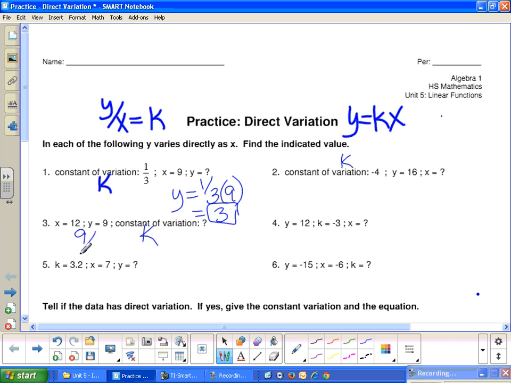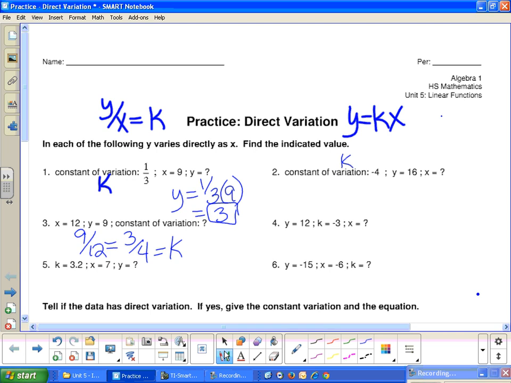But if I say y over x, what's that reduce to? 3/4. Okay, so you have 3/4 equals k. The same thing applies for all of them. But that's for constant variation.